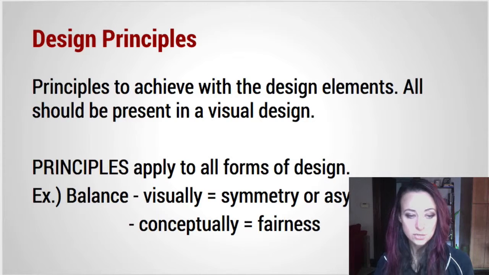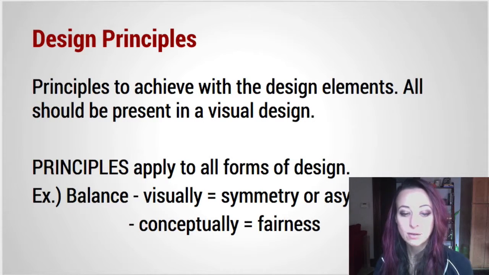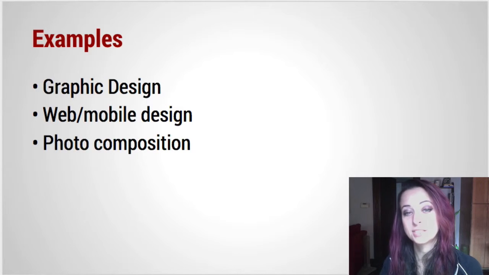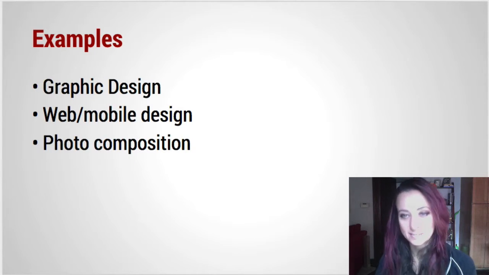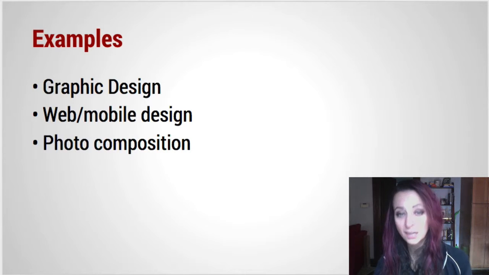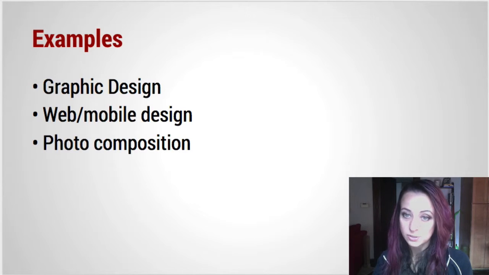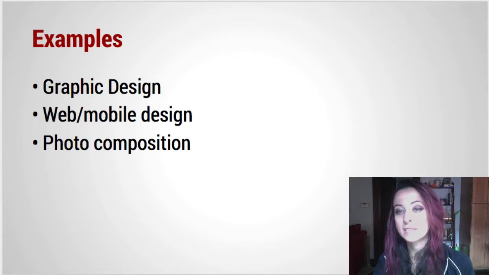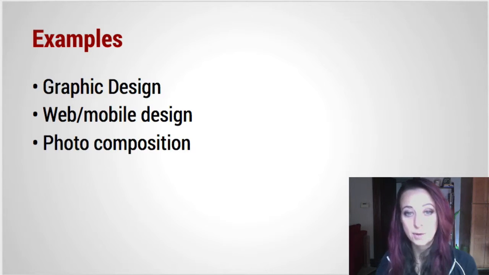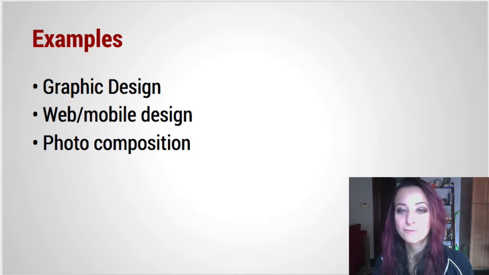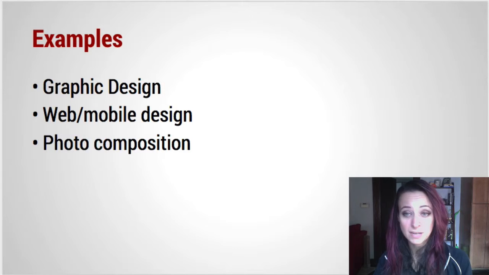So what I want to do in this lecture video is to walk you through the principles, what they are and how you can tell a design has achieved them. But I want to add a little twist. I want to show you all kinds of designs, not just what you might think of like posters and book covers. As I discuss the principles, I will show you visual designs in the form of graphic designs like posters, in the form of images taken by photographers, and finally in the form of visual interfaces for mobile apps, which are designs.